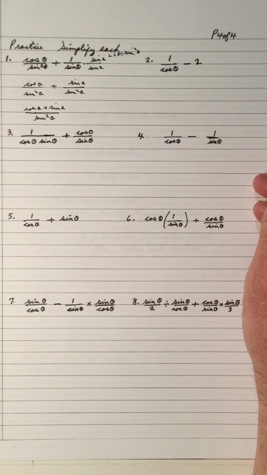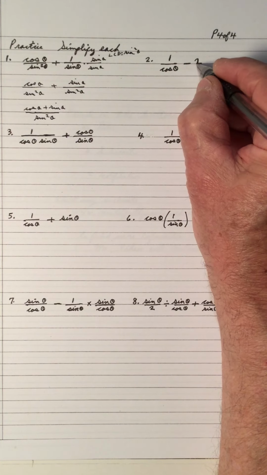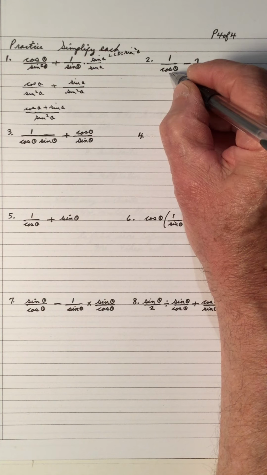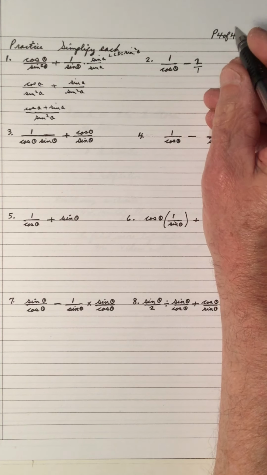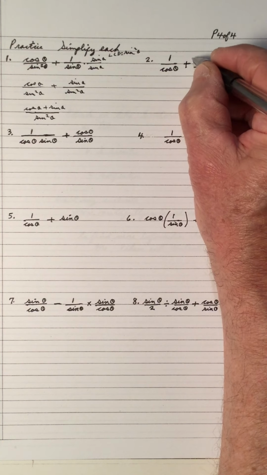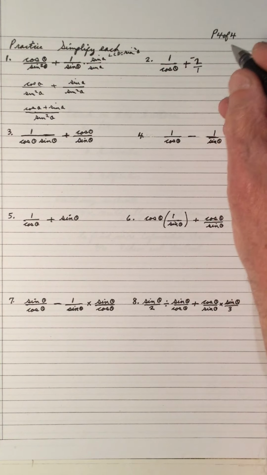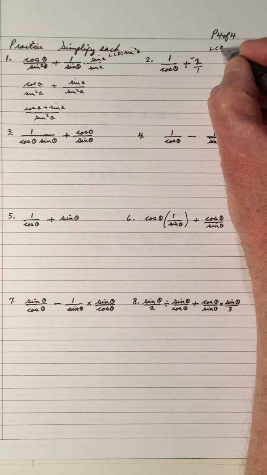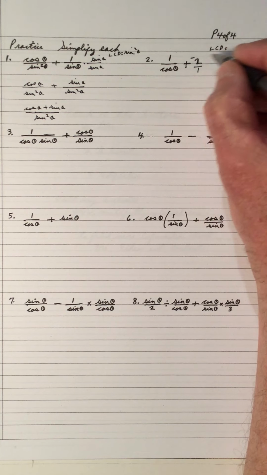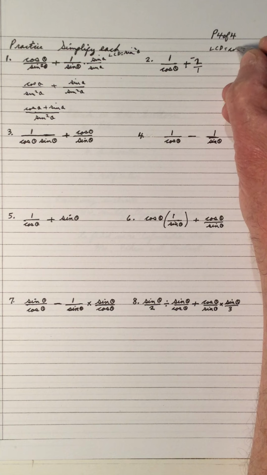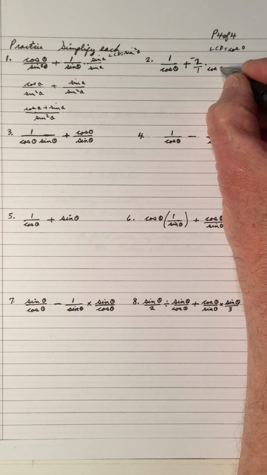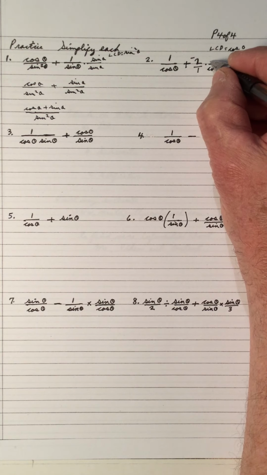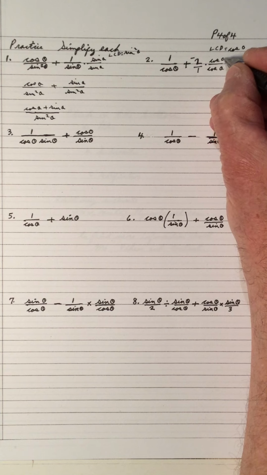Okay. And number 2. So we have 1 over cos theta subtract 2. So that's 2 over 1. And because we're subtracting, we can add on the opposite. So now the LCD for these two fractions, there's only one denominator, and it has to be cos theta, the common denominator, there's only one. So that means you have to multiply this one by cos theta. And to keep it equivalent, we have to put cos theta on top and bottom.